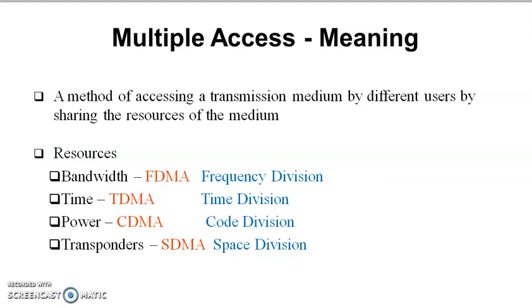We can have 3 types of multiple access technique, which we learn: FDMA, TDMA and CDMA. And for the transponder in a satellite, we can consider space division multiple access.